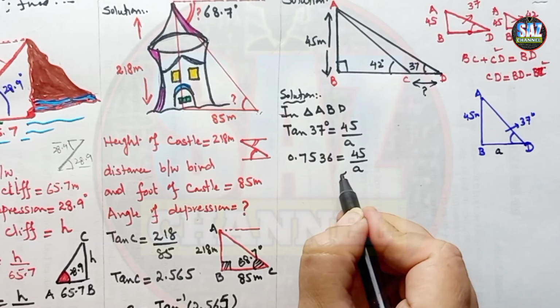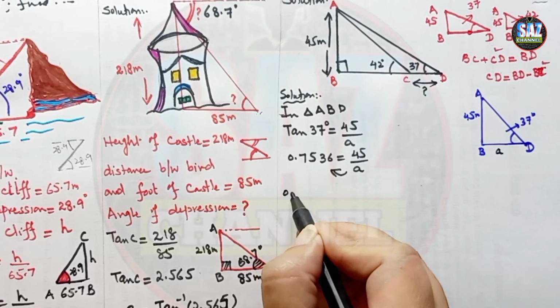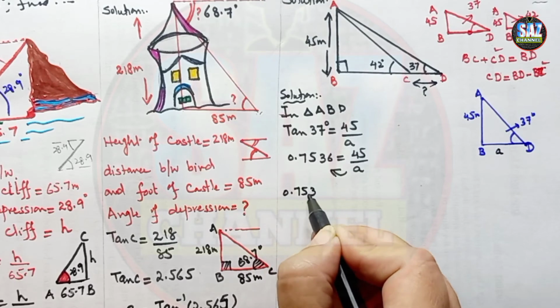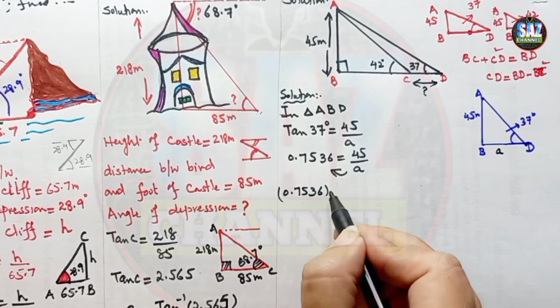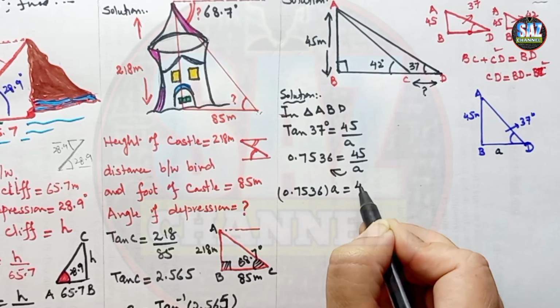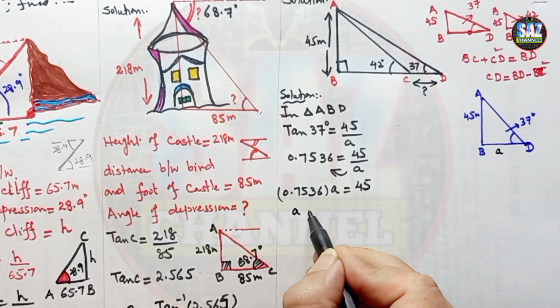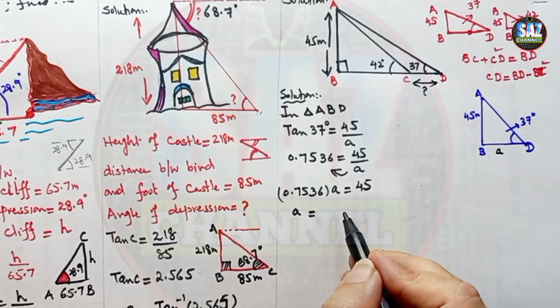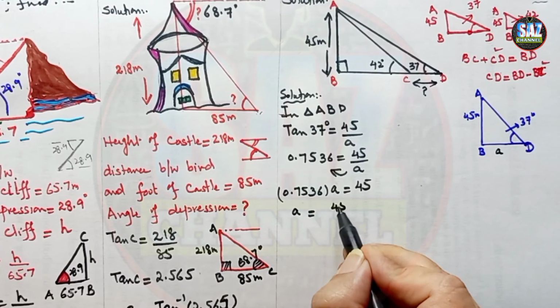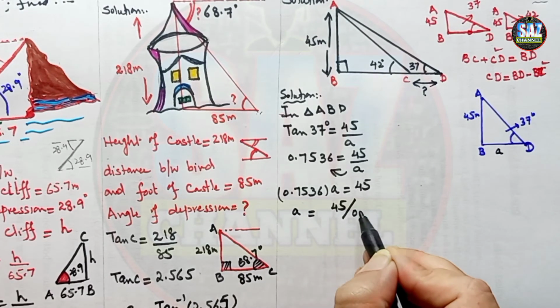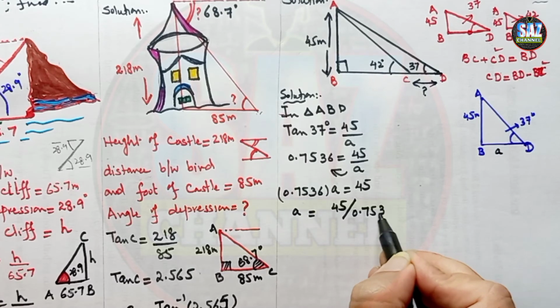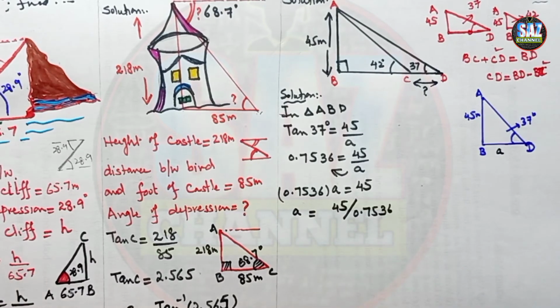Now go for cross multiplication: 0.7536 times a equals 45. To get the value of a, I have to divide 45 by 0.7536.